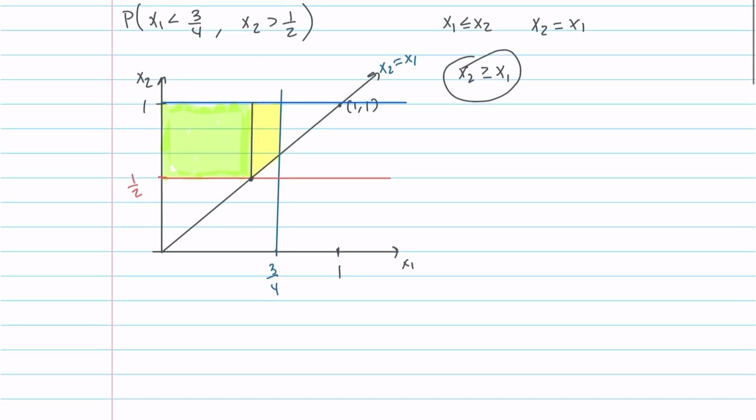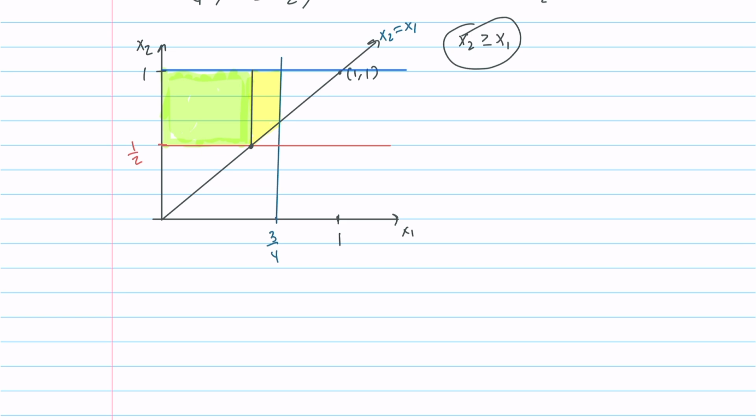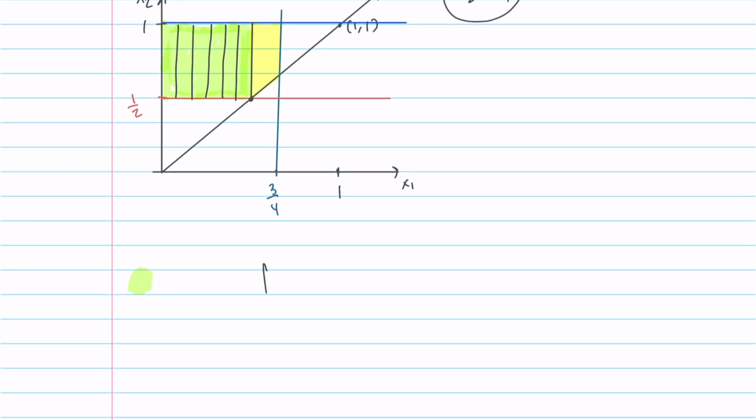Okay, let's focus on the green part first. How are we going to integrate that? The easier way to do it is this way. These are constant functions, so that is going to be our inner integral, dx2. We go from 1/2, and the upper bound is going to be 1.